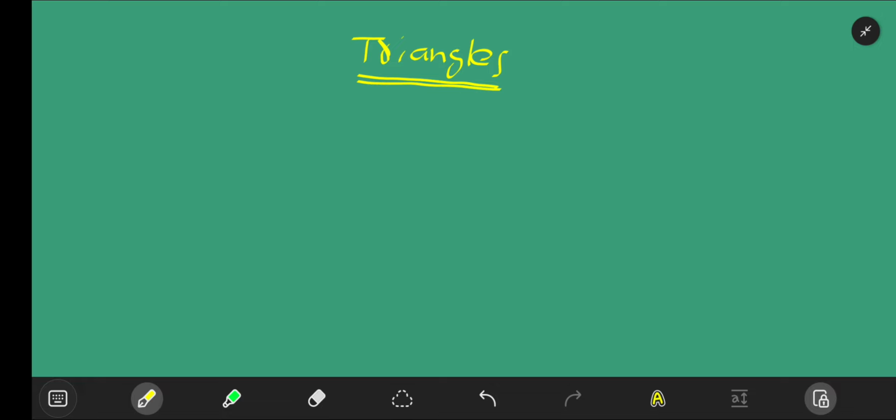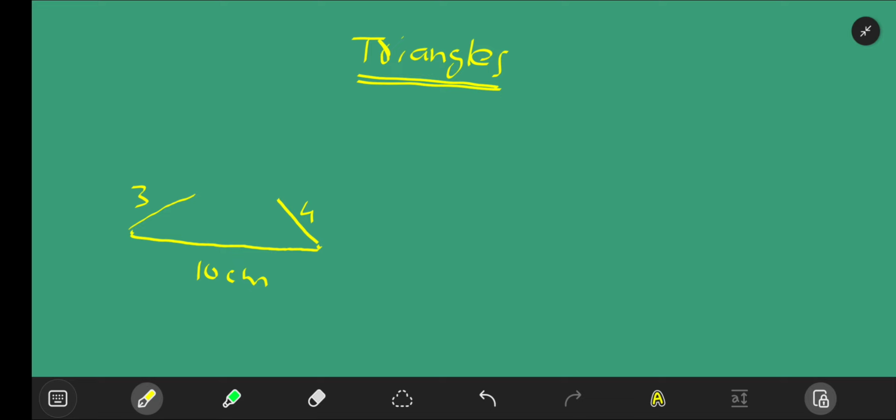First of all, we need to understand the condition for formation of a triangle. Suppose this is a line segment of 10 centimeters. Now another line segment of, suppose, 3 centimeters, and another line of length 4 centimeters.